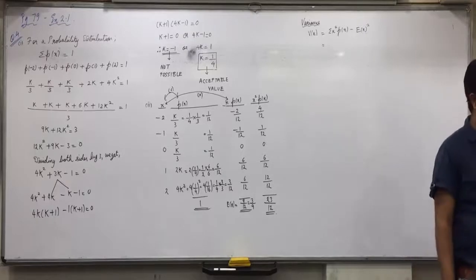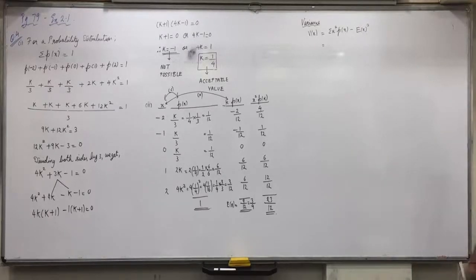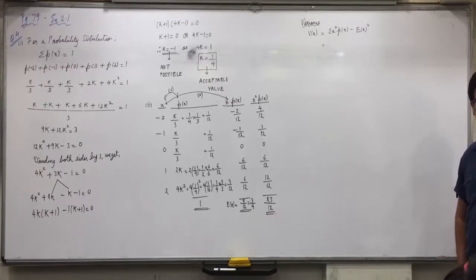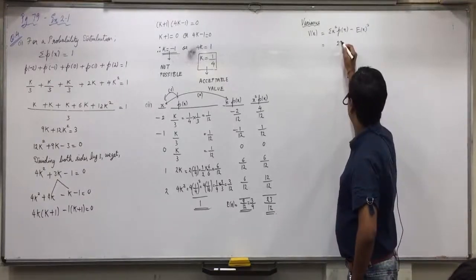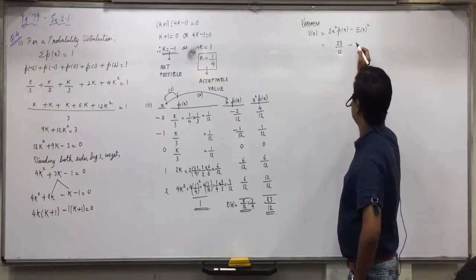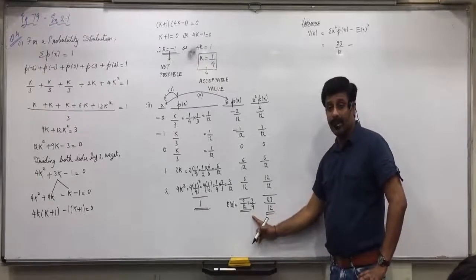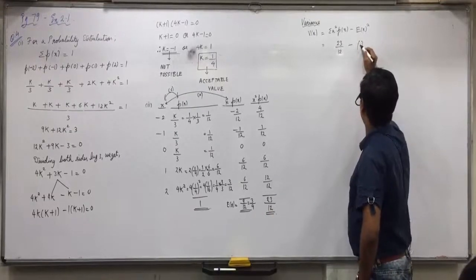Okay, what is the formula of variance? Sigma x square p(x) minus E(X) square. Did you write it till here? What did we obtain? Sigma x square p(x), 23 by 12, minus. What is E(X) we obtained? 3 by 4 whole square.